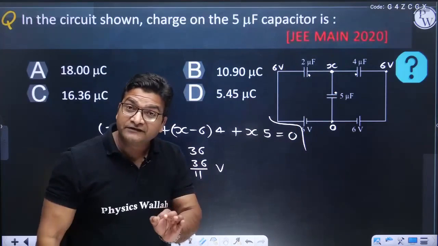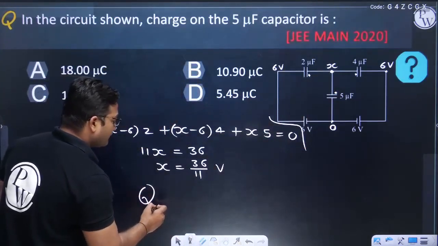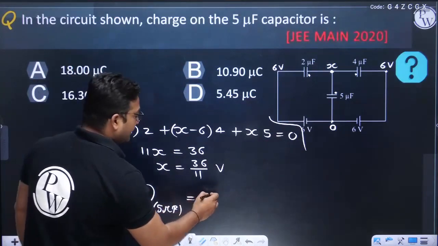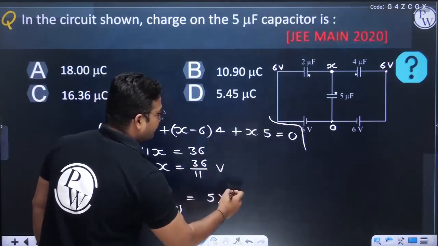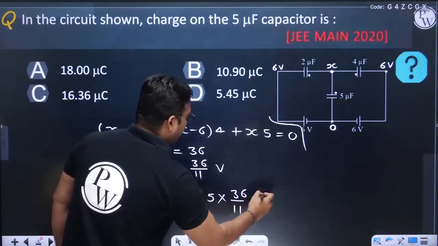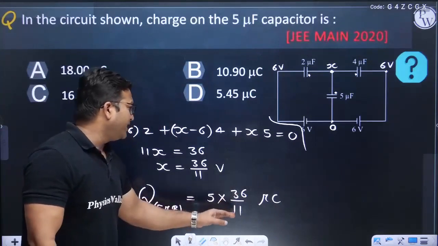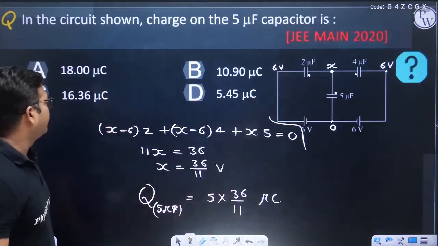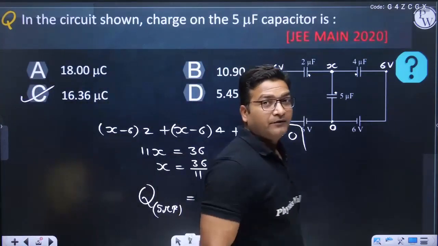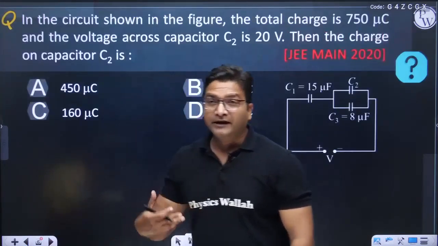And if the potential difference is x, the charge on the 5 microfarad is going to be C times V, that is 5 times 36 by 11 microcoulomb. If you solve this, that will be 180 by 11, which is nearly 16.36 after solving. Okay, so again a very simple question. Let's move to the next one.